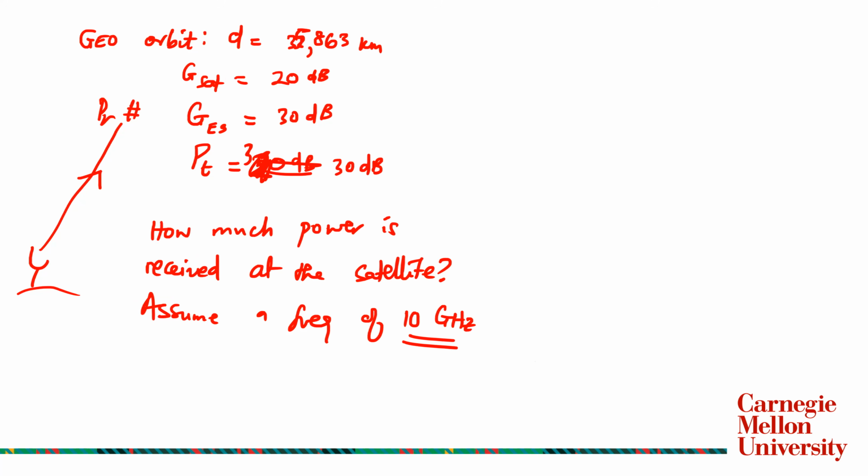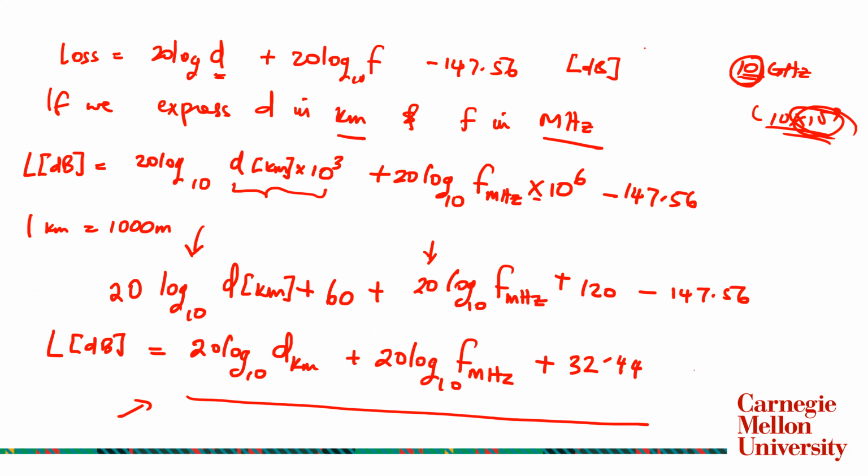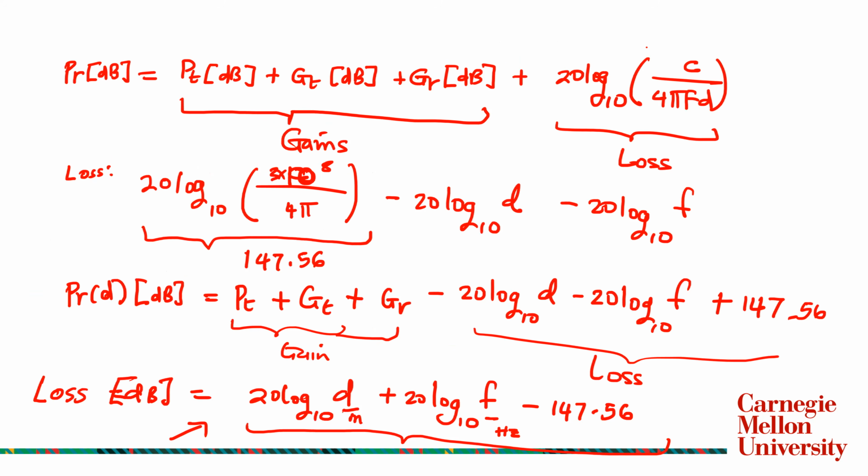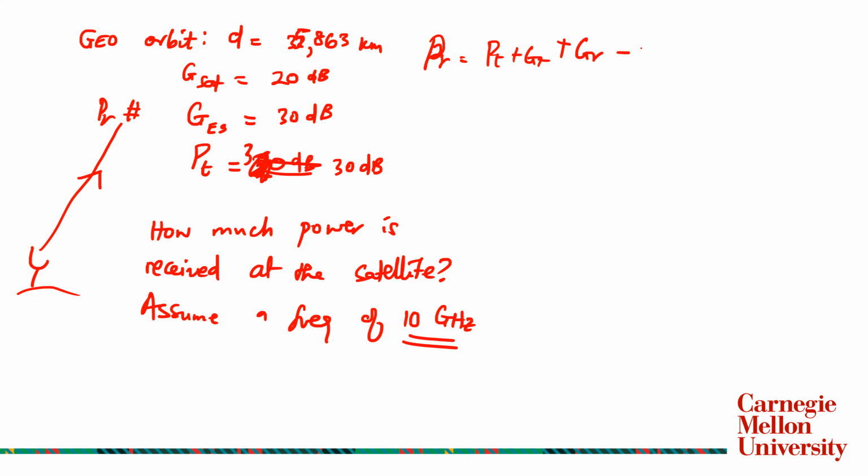I prefer to use the simpler one, which is PR is equal to PT plus GT plus GR minus 20 log 10 of D in kilometers minus 20 log 10 of F in megahertz.